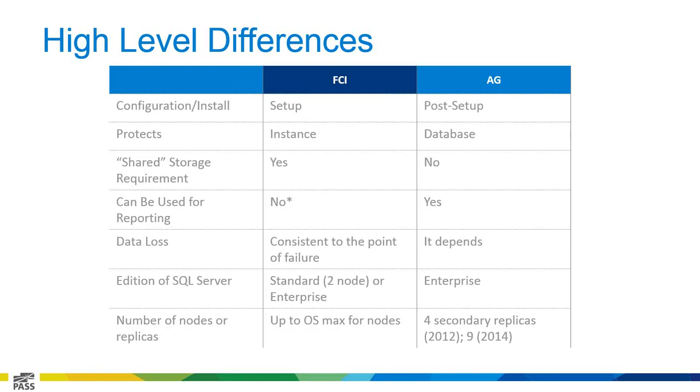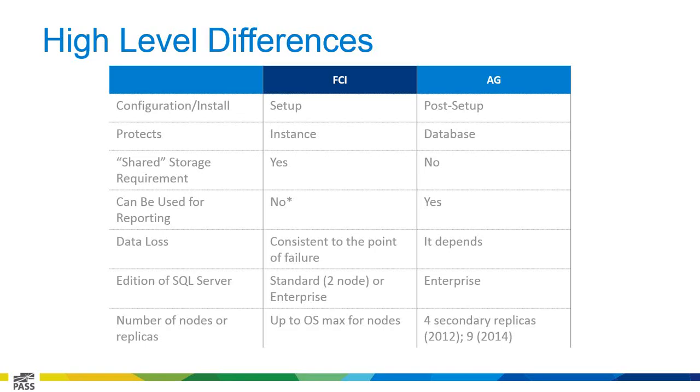So as you start to think about availability groups or FCIs in your environment, you need to think not just about the availability it brings and how you're going to architect things in your environment, but about the manageability story, because you've got to deal with this thing day in and day out.